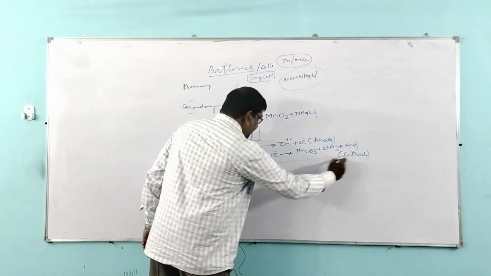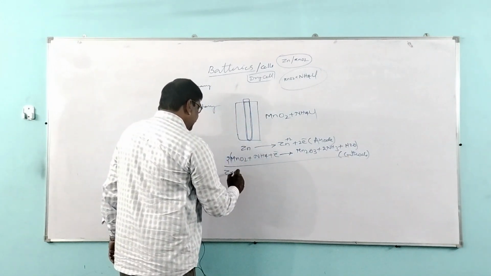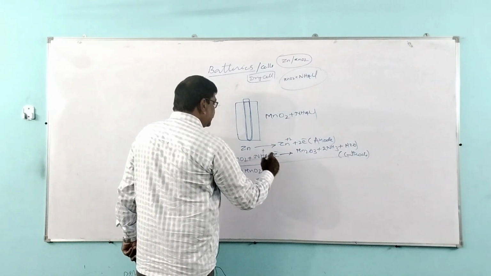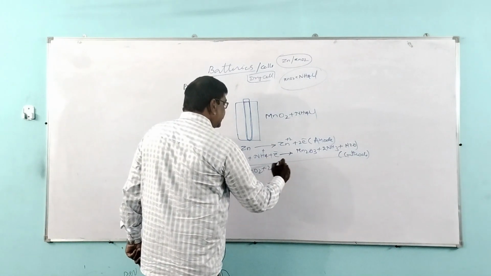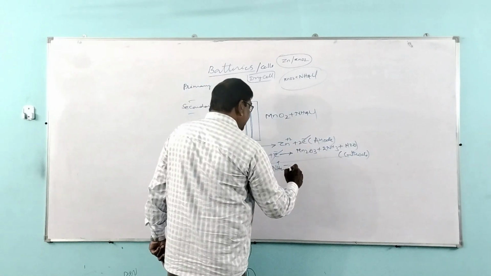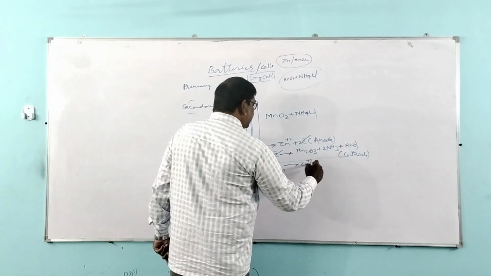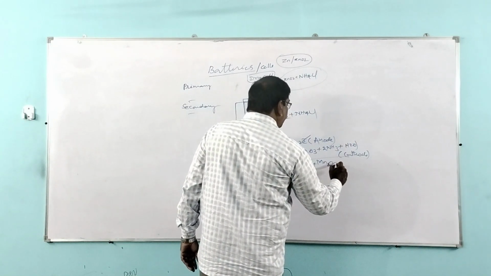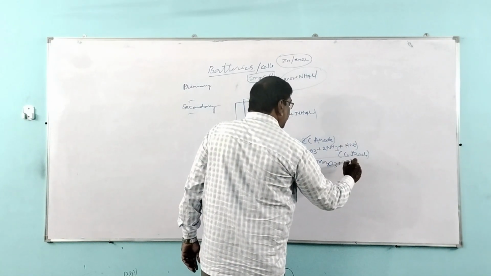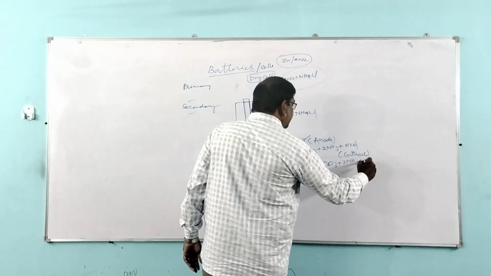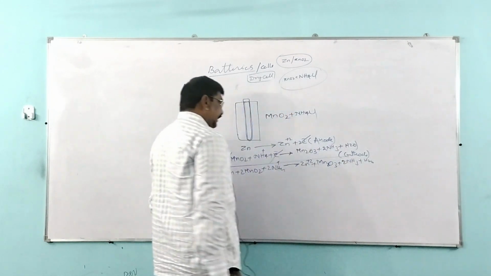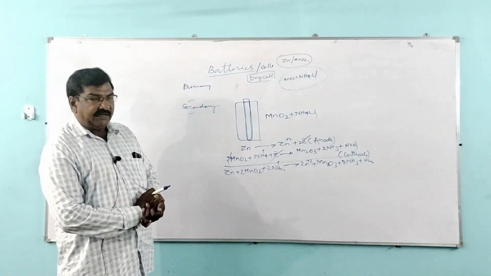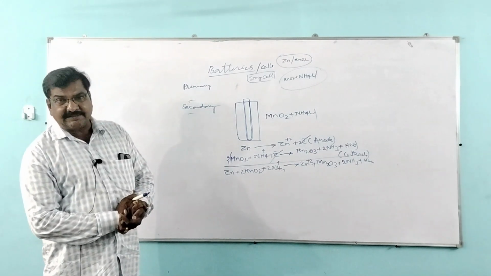The overall reaction will be like this: Zn plus 2MnO2 plus 2NH4+, electrons are cancelled, gives Zn2+ plus Mn2O3 plus 2NH3 plus H2. Here the NH3 formed will not escape out as a gas.